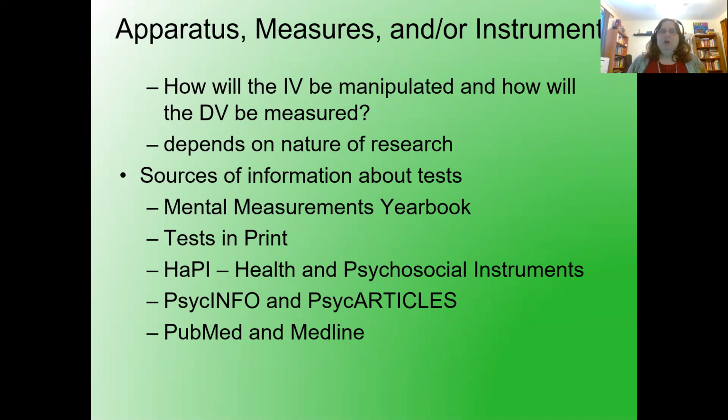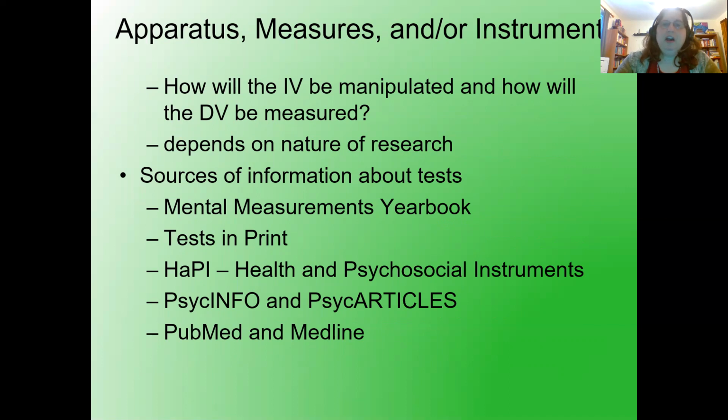Now, if you are measuring any psychological construct, I would absolutely like to see you use a measure that's already been used, not to create your own. That's more work to create your own, and plus you won't be able to get the reliability and validity that you could with an already established measure.